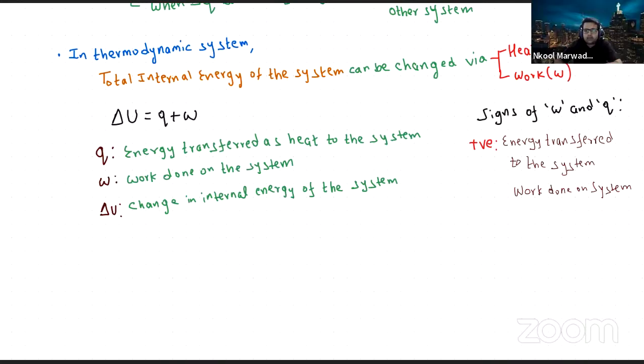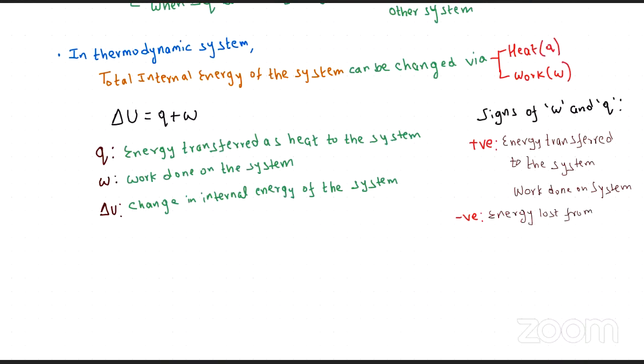On the other hand, negative sign: the system can lose energy. Energy lost from the system, energy lost by the system.